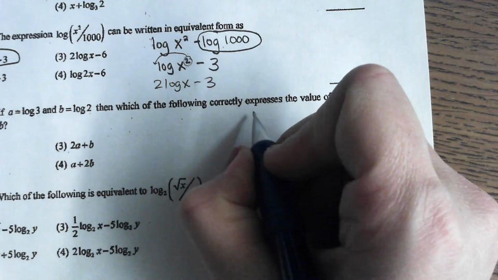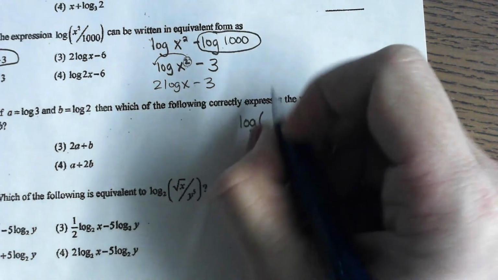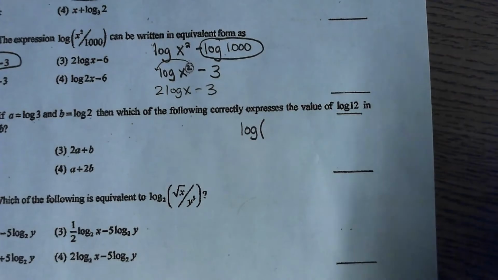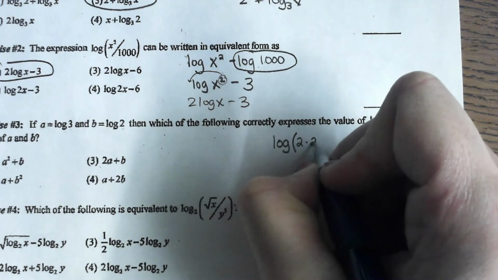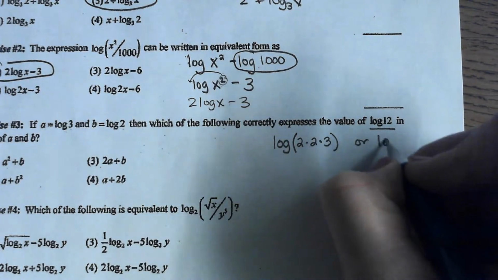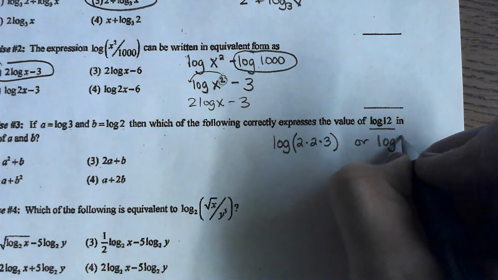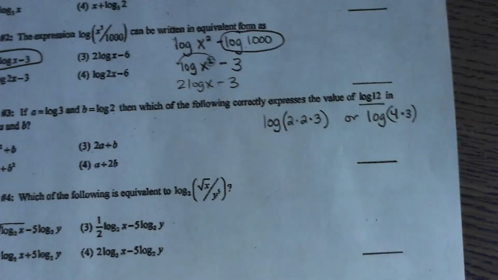I'm going to do that by making log of 12 the log of... A couple ways I can do this. I could do 2 times 2 times 3, or I could just do the log of 4 times 3, which I'll do second, just to show you the 2 different options.